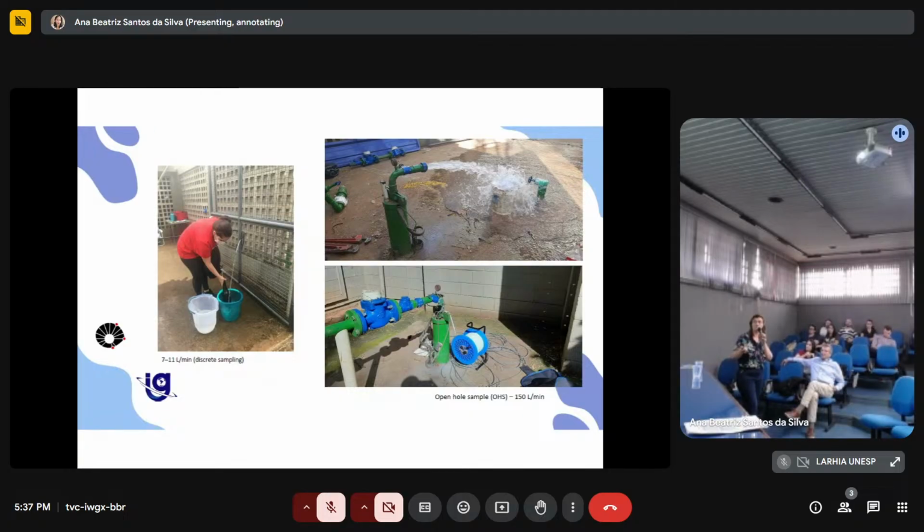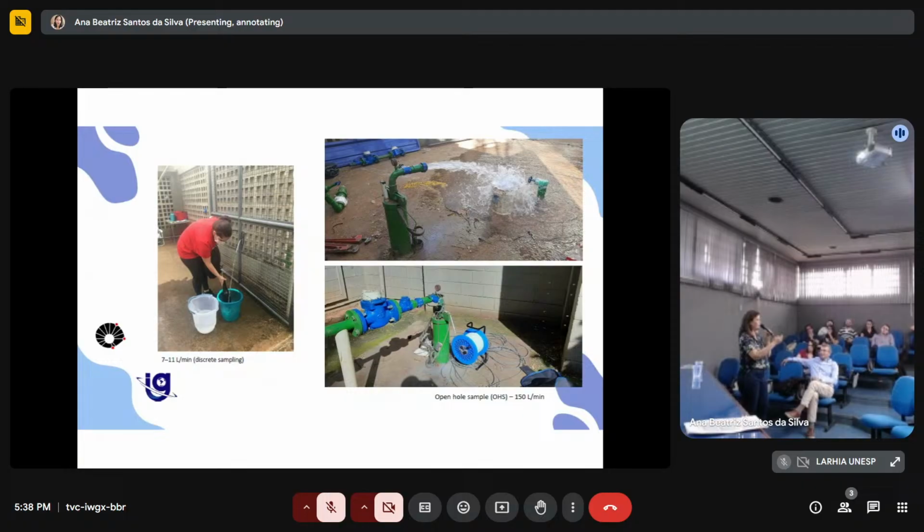This is one situation. And when we collect the open hole sample, we use the pump from the well. It's back in place. When we do this job, the pump has been removed so that we can put the packer inside the well.